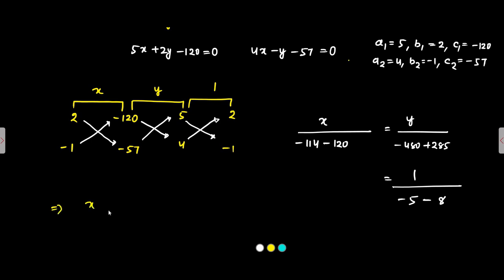So that implies x by minus 234 is equal to y by minus 195, which is equal to 1 by minus 13.